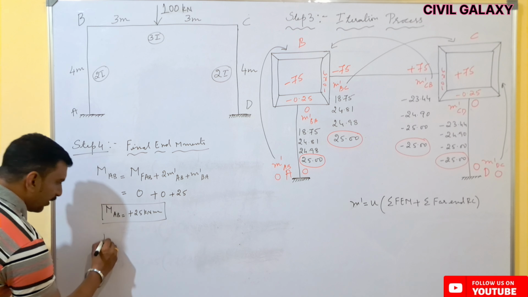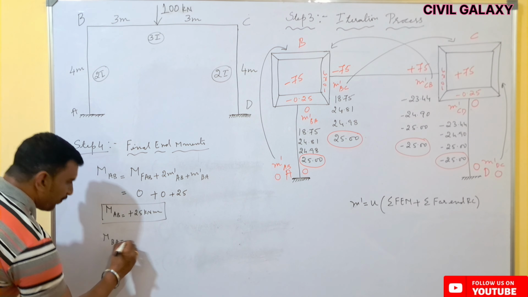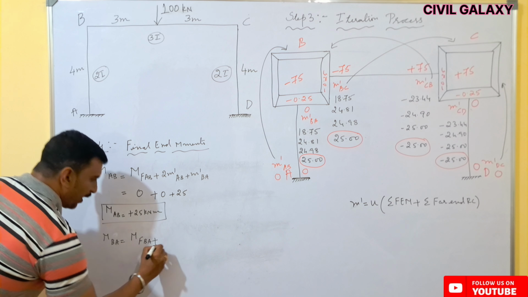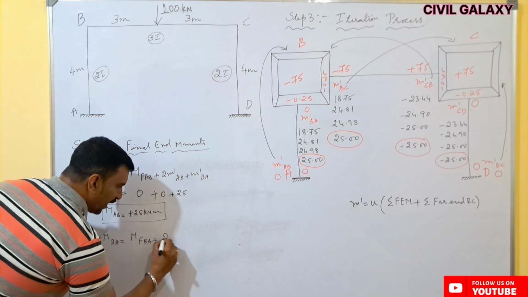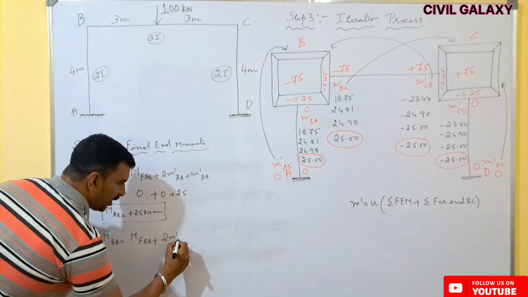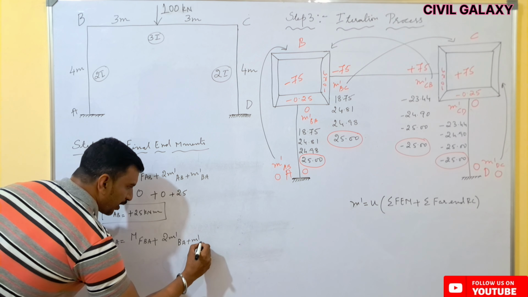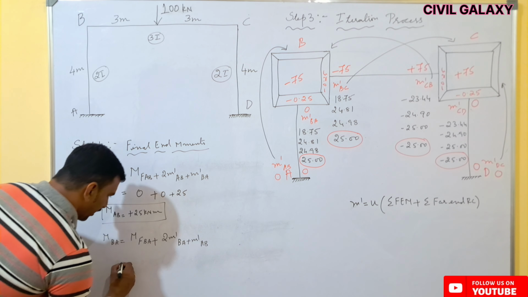Next, if you want to calculate the moment from B to A, the formula will be the fixed end moment from B to A plus 2 times the rotation contribution about the near end plus 1 times the rotation contribution about the far end.